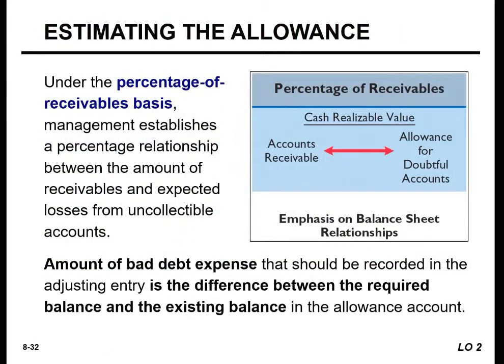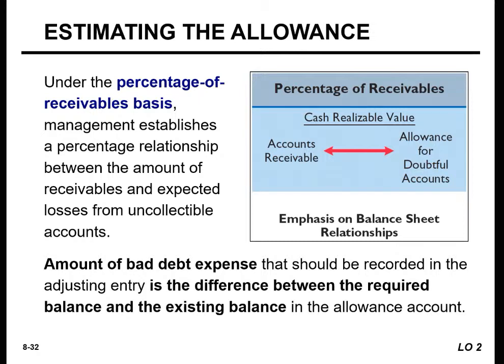Moving forward to talking about estimating the allowance. In real life, companies have to estimate the amount that they expect to be uncollectible using an allowance method. Frequently, this is estimated using the percentage of outstanding receivables or the percentage of receivables basis. To do this, management establishes a percentage relationship between the amount of receivables and the expected losses from uncollectible accounts.